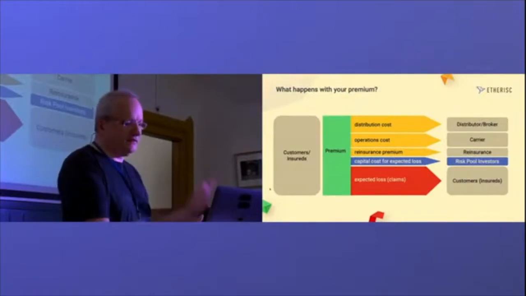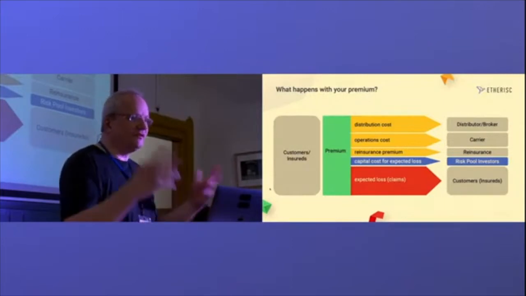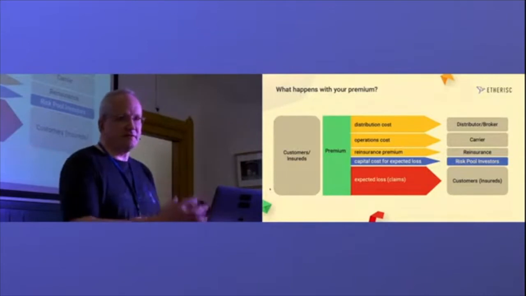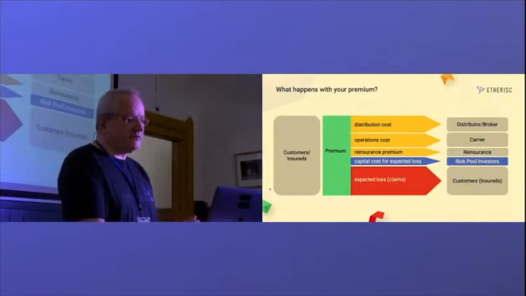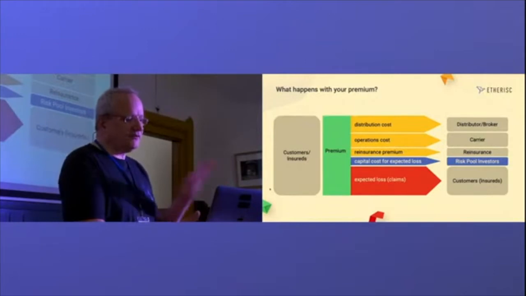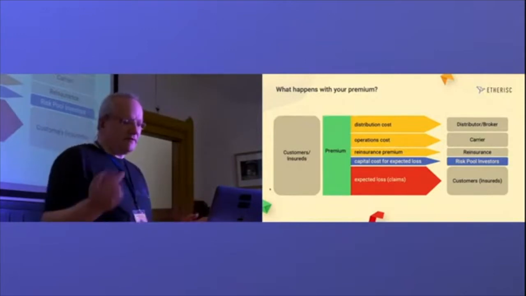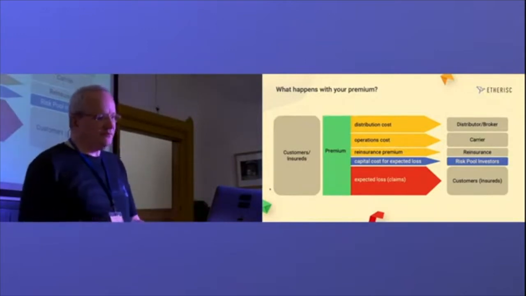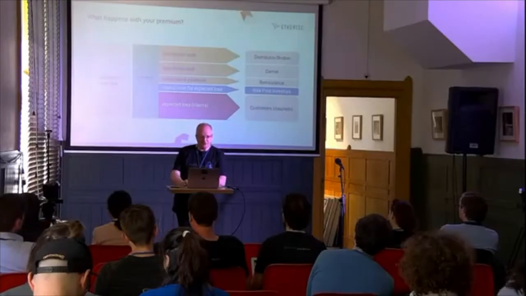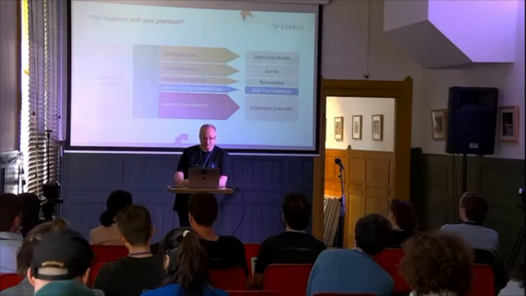They are first pooled in the risk pool, but then they are used, and on average, all claims are paid from this expected loss. And unexpected loss is covered by the reinsurance premium, so the reinsurance will cover excessive losses in case of catastrophic events or something. Therefore, you pay a reinsurance premium. That can also be solved via our risk pools, but that is a different story.